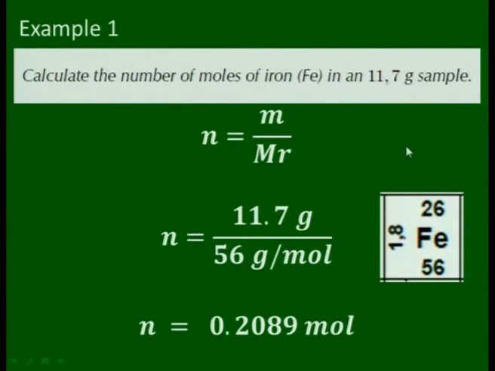The molecular mass you get from the periodic table, which is the number below the element, as I showed previously, which is in this case 56. Moles is then 11.7 grams, which you get from the question, divided by 56, which is the molecular mass you get from the periodic table. Then it gives you 0.2089 moles.